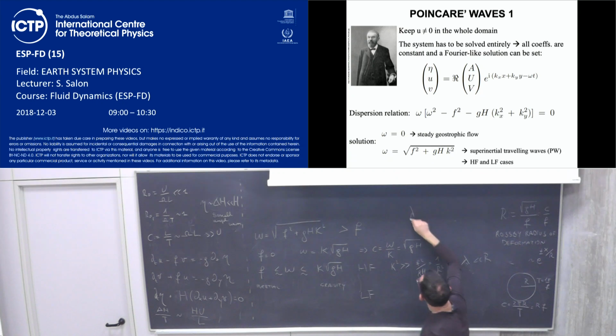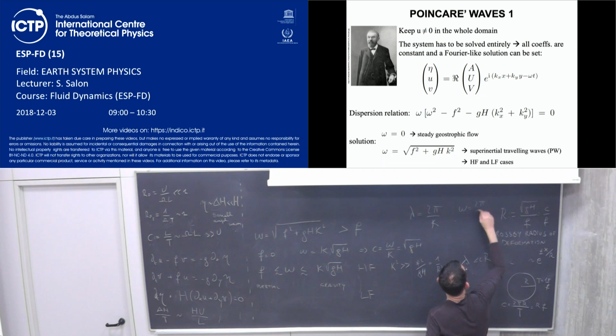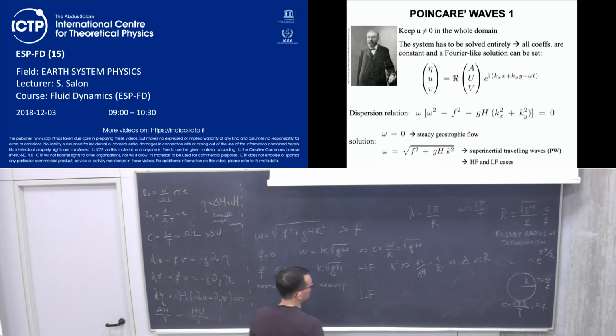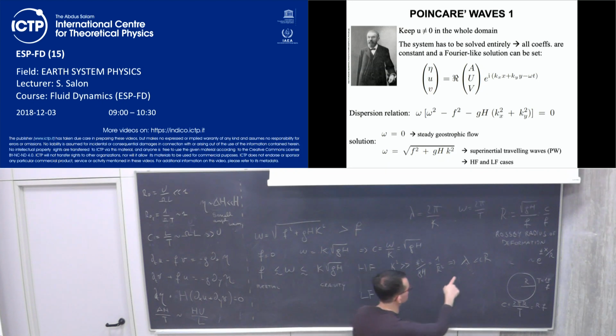So, don't forget that lambda is equal to 2 pi over k, okay, the inverse of the wave number, and of course omega is 2 pi over T. So when we are considering high frequency, we will be considering very, very short waves compared to the Rossby radius of deformation, which is a parameter of our solution, okay?